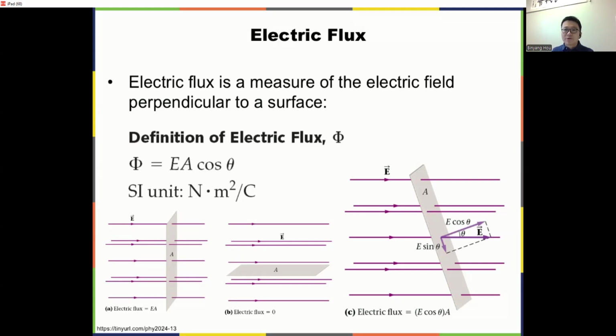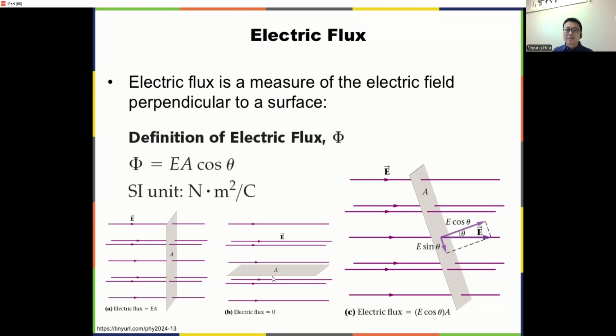If you have a rectangular area and electric field is going through it, then to find the electric flux through this surface, you take the electric field E, the strength of it, times the area of this rectangular shape, times cosine of the angle theta, which is the angle the electric field makes with the normal direction of the surface. In this case, electric field is perpendicular to the surface, so the normal is also perpendicular to the surface, so the angle theta will be 0. Cosine of 0 is 1, so it will be just equal to E times A.